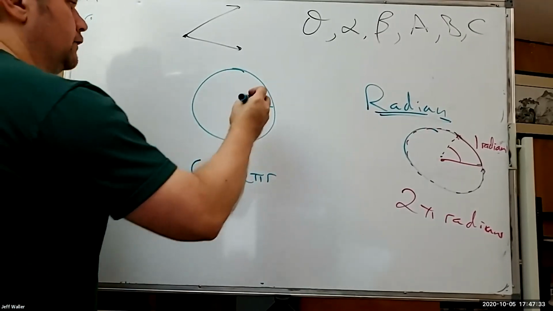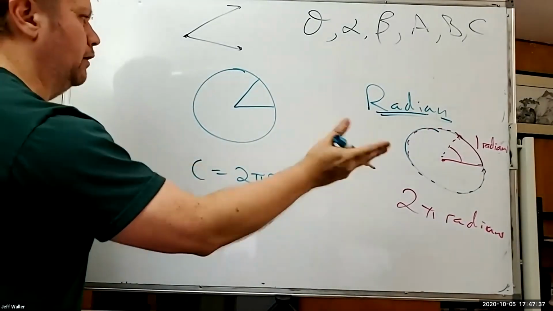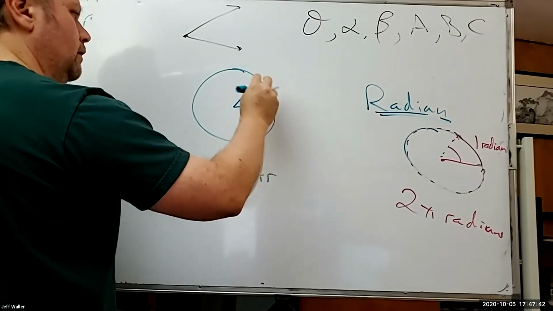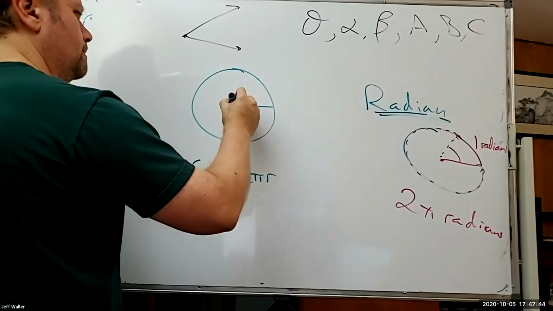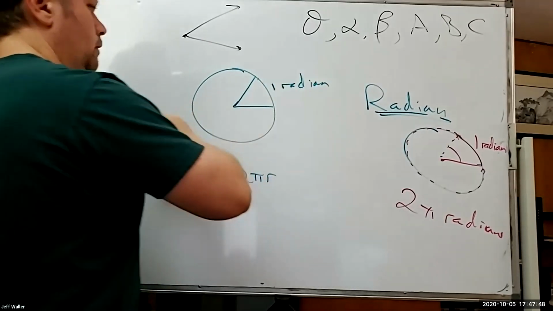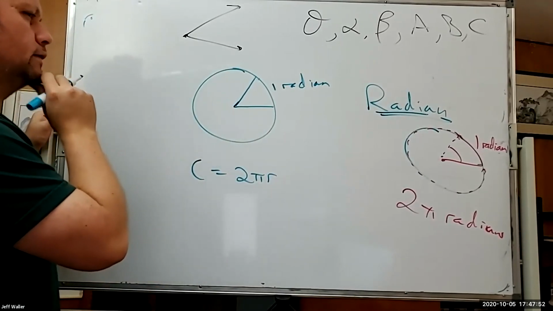So if I define, here's what we're really doing when we define an angle in terms of radius. So this is 1 radian.